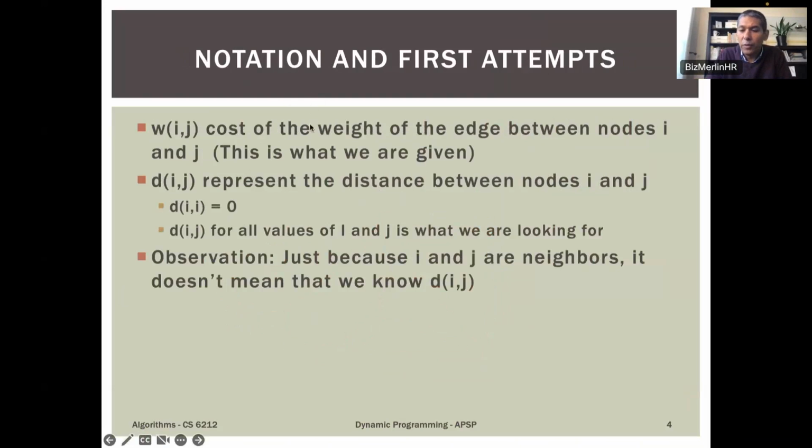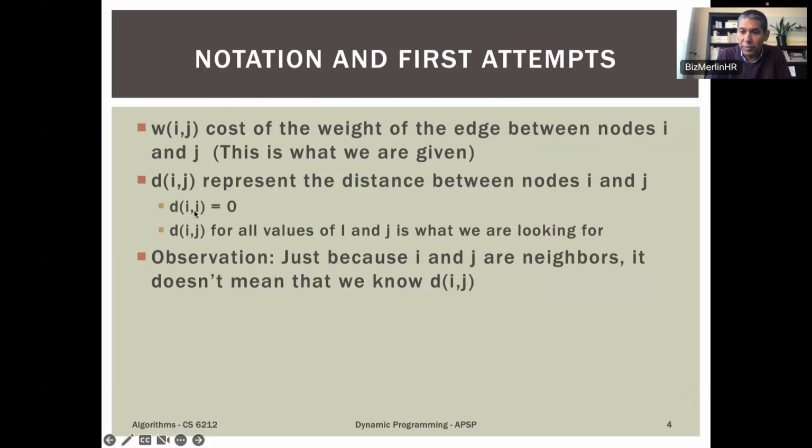So let's see how we would solve this using computer science, using algorithms, even if we don't use dynamic programming at first. This is the weight matrix that's given to us, and dij is the distance between nodes i and j, and this is what we're trying to find. First of all, we can say dii is 0.